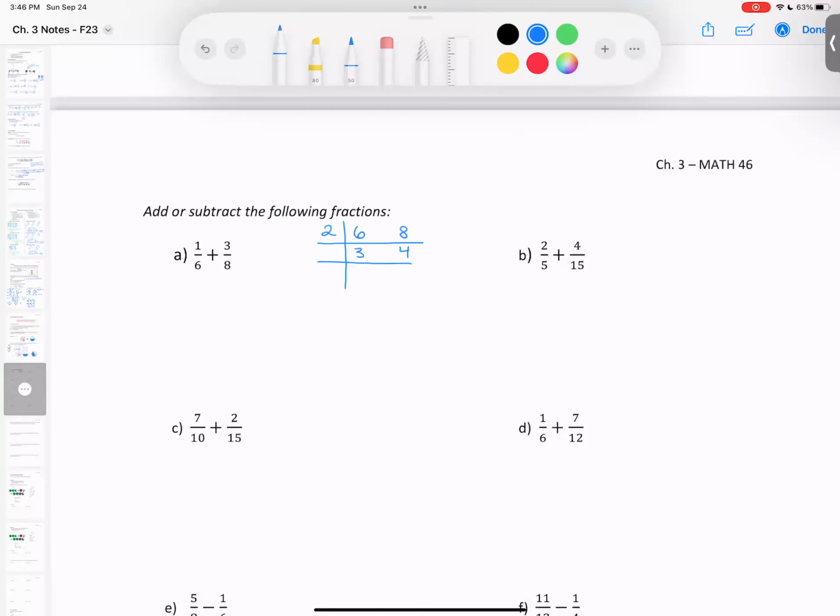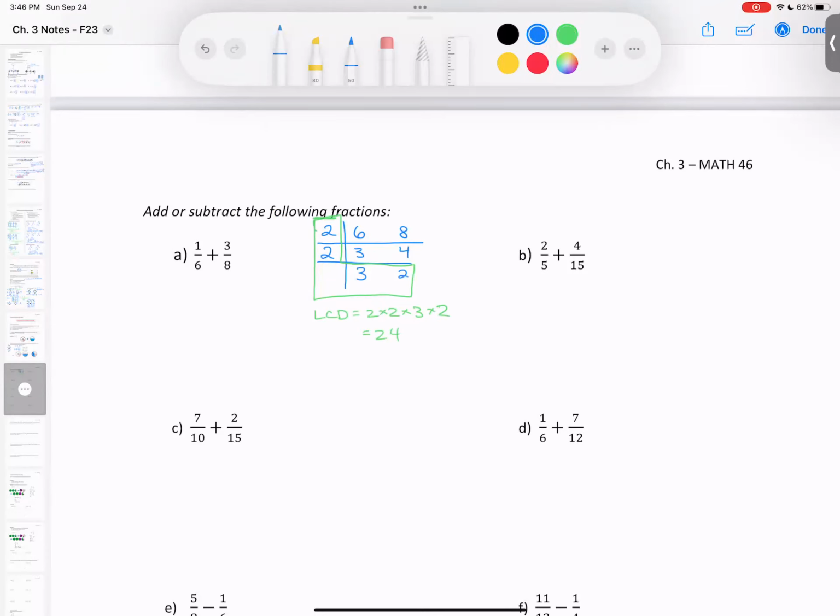There is no common factor of either of those, but I know I can divide the 4 by 2 to get 2. 3 is already prime, so it just comes along for the ride. And now I can draw my L here because I only have prime numbers in my L. And so my LCD here is 2 times 2 times 3 times 2, which is 4 times 6, so that would be 24.